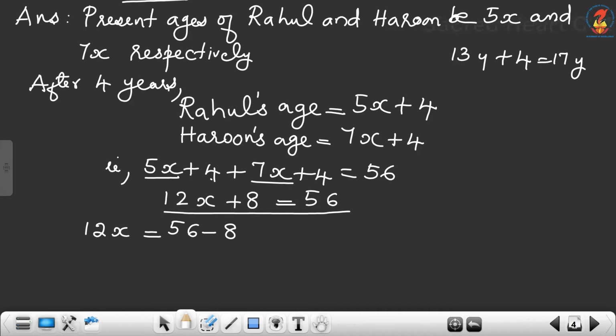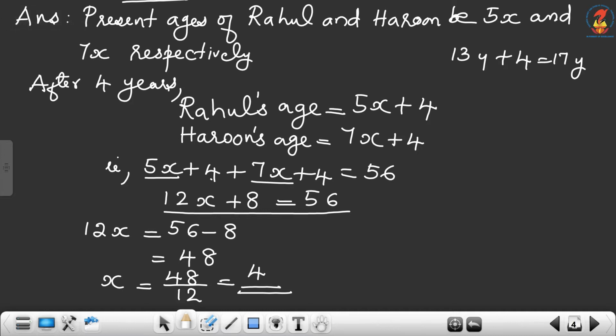So 12x is equal to 56 minus 8. What is 56 minus 8? 48. Therefore, 12x means 12 into x, so x is equal to 48 divided by 12, which is equal to 4. So we got the value of x as 4.